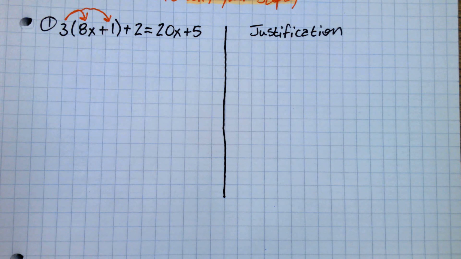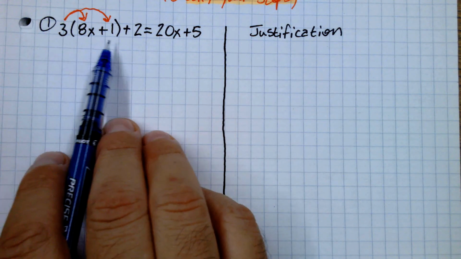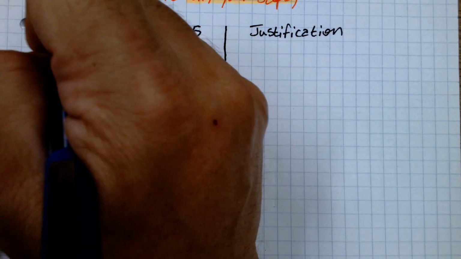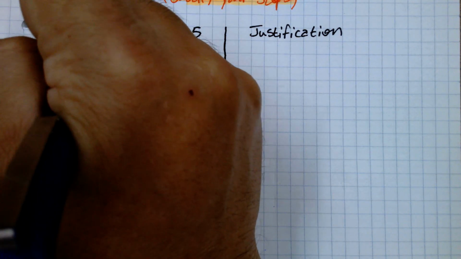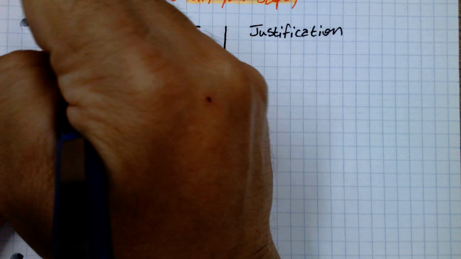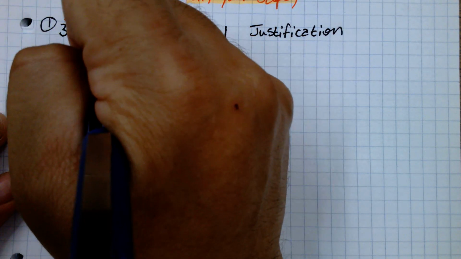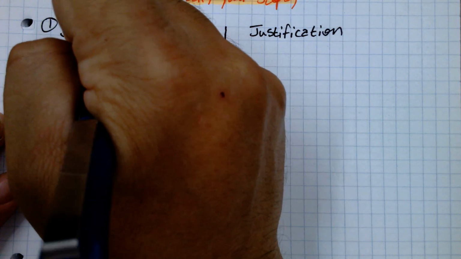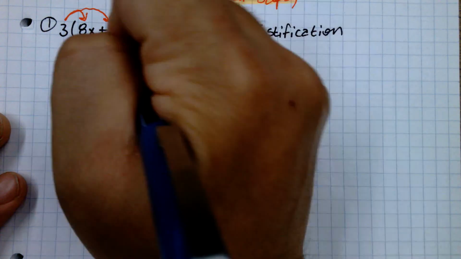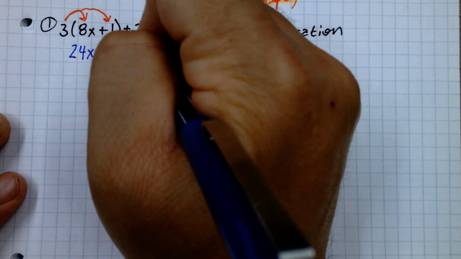So let's just start with that. We're going to multiply 3 times 8x and 3 times plus 1. So 3 times 8x, it's 24x. And 3 times plus 1 is 3. We'll bring down the rest.